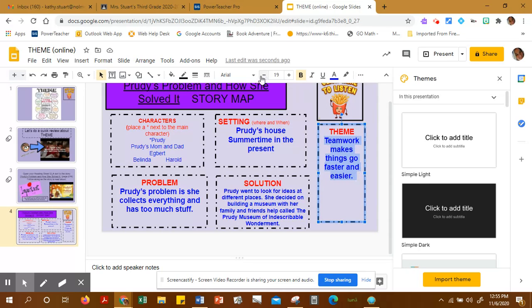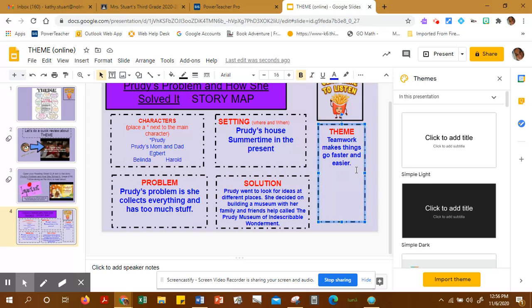Okay, I know a couple of you have a different answer. Let me make this a little smaller so we can fit it in here. The other idea that I feel that some of you have is something about being organized. I think we can all agree that Prudy, oh my goodness, she definitely is not a very organized person at the beginning of this.